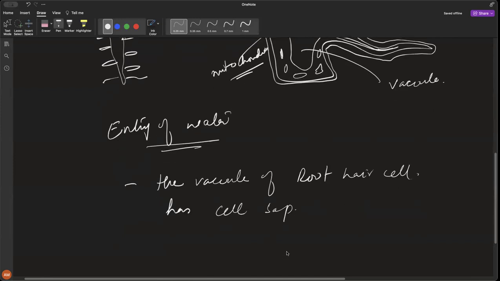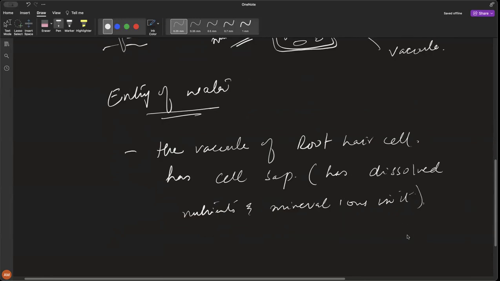This cell sap has dissolved nutrients and mineral ions in it.